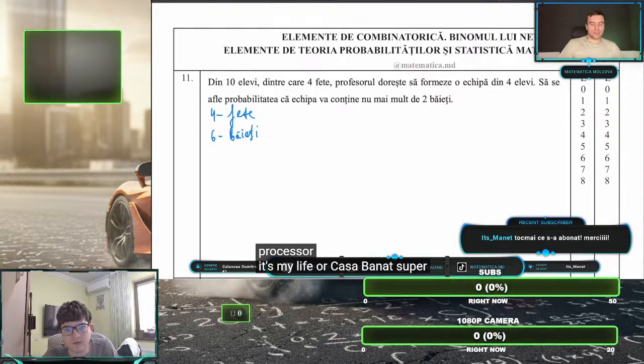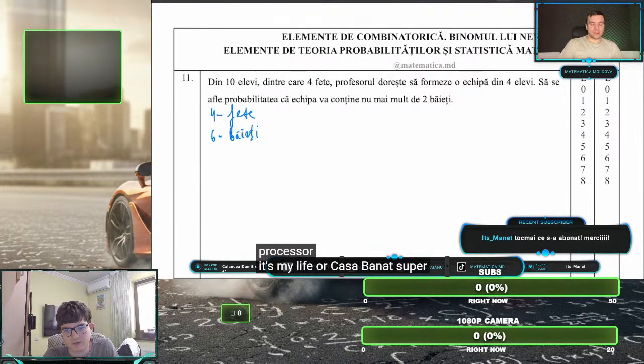Now in terms of m, the cases where the team randomly extracted will not have more than 2 boys. So you do C of 4 first, basically 4 of girls, combinations, and because there are 4 in the team and there have to be... hold up, it's not like that, is it?